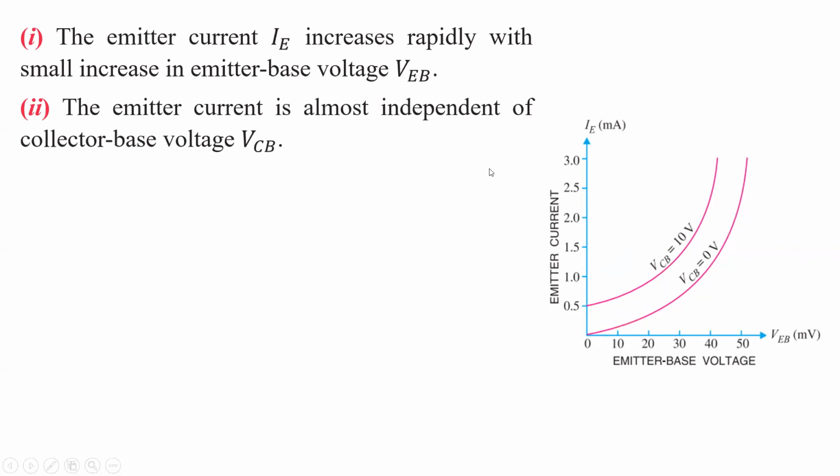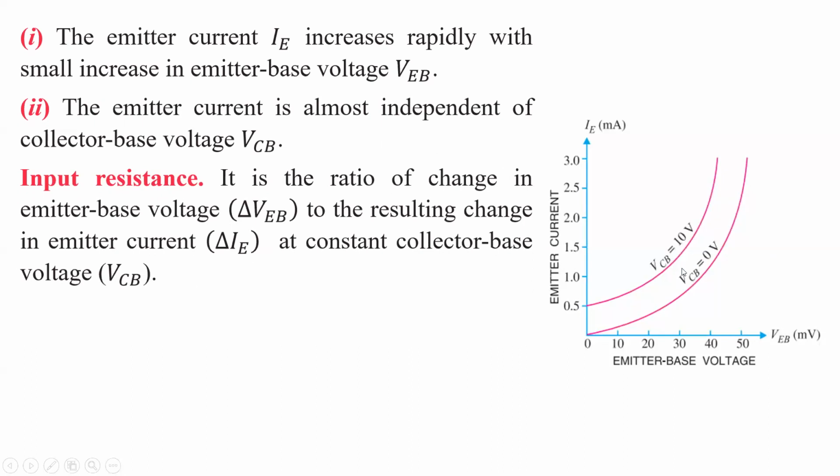The emitter current is observed to be almost independent of the output voltage. The output voltage will not influence much the input current. From this graph, you can calculate the input resistance of the transistor. Basically, input resistance is the ratio of change in input voltage to the change in input current at constant output voltage.